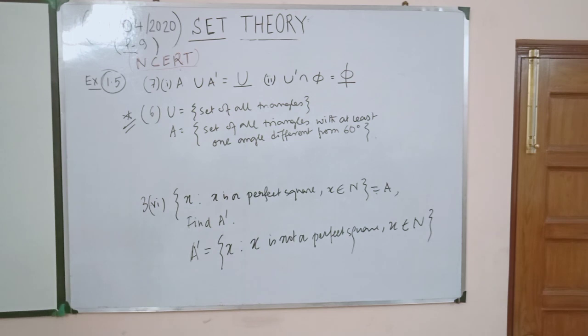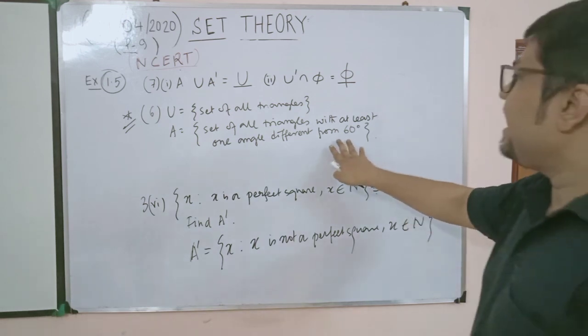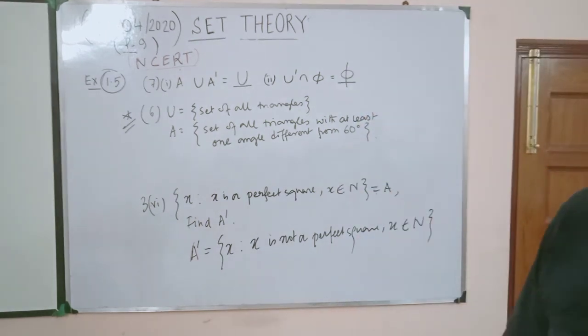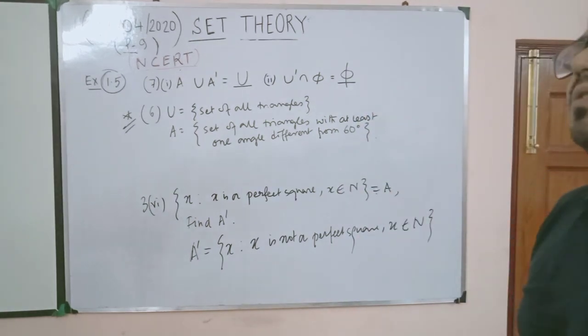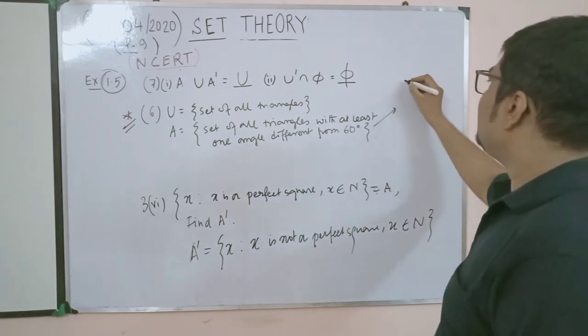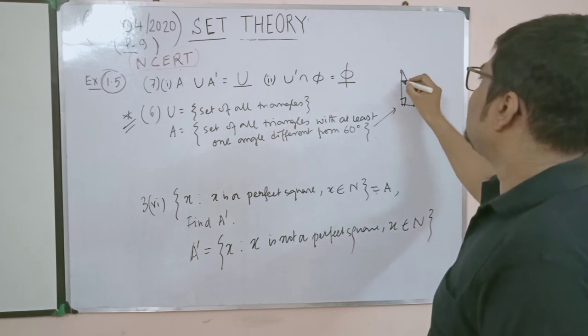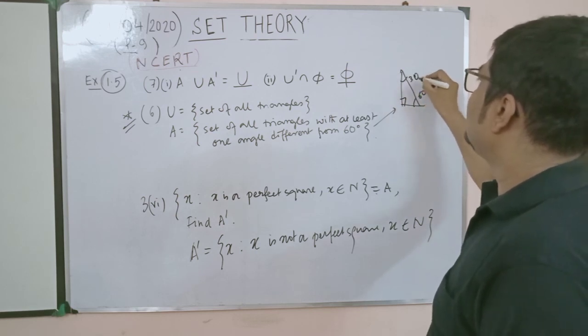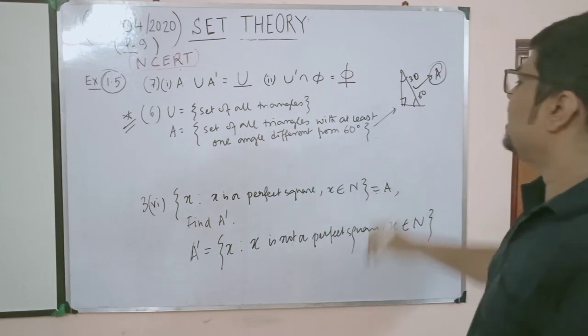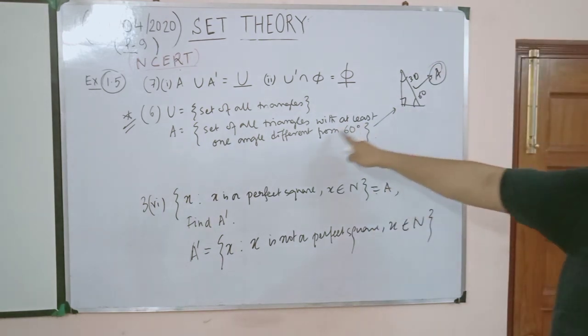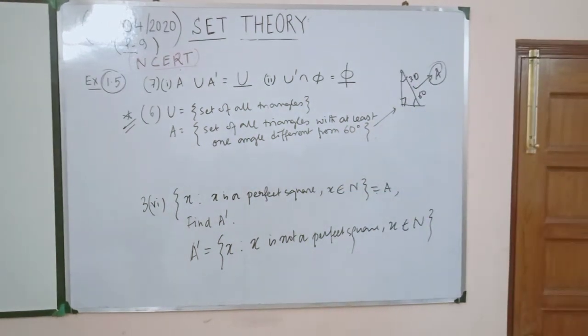So you put in A all those triangles. Obviously this kind of triangle will be there, say one angle is 60, one angle is 90, one angle is 30. These types of triangles are there in A because at least one angle is different from 60 degrees. But two angles cannot be different from 60 degrees, in that way also it is true. But what will be A dash then?